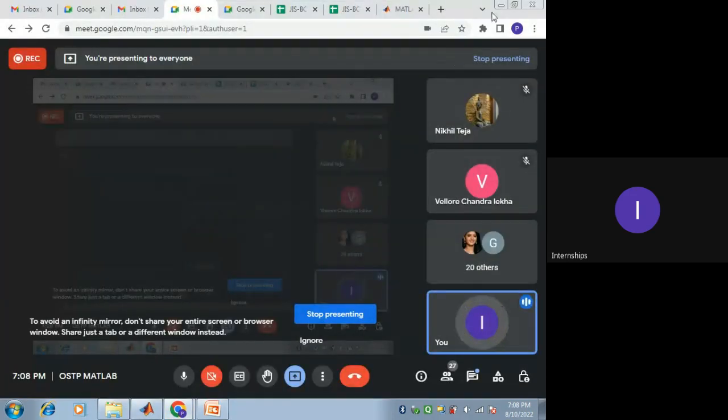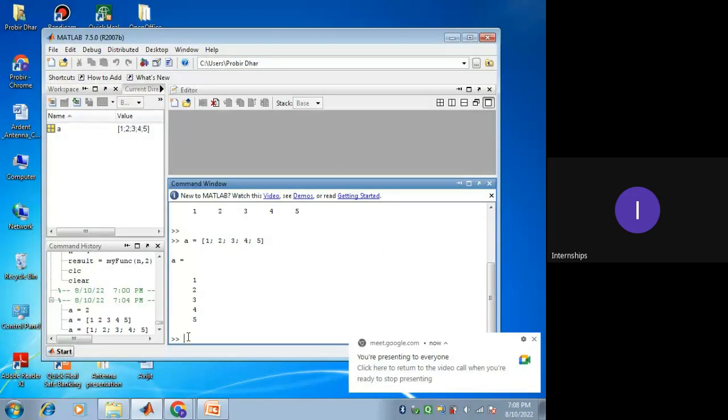In short, it is known as Matlab: Matrix, with trix omitted, and laboratory, with lab taken. That is Matlab.